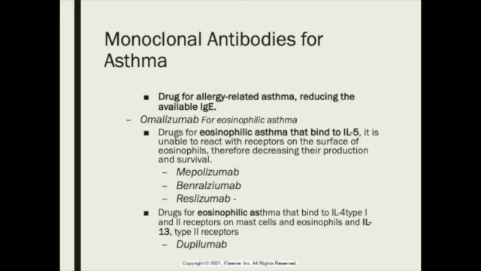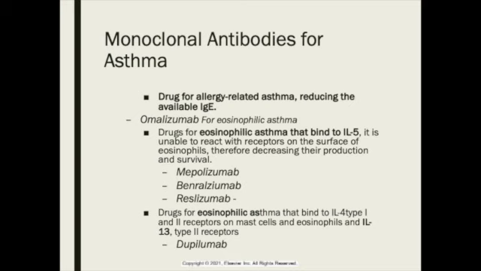The monoclonal antibodies for asthma are listed here, and you can see the drug omalizumab was also discussed when we went over asthma. This was the first monoclonal antibody approved for allergy-related type asthmas. And remember, asthma itself is a disease process that involves immunoglobulin E, or IgE.